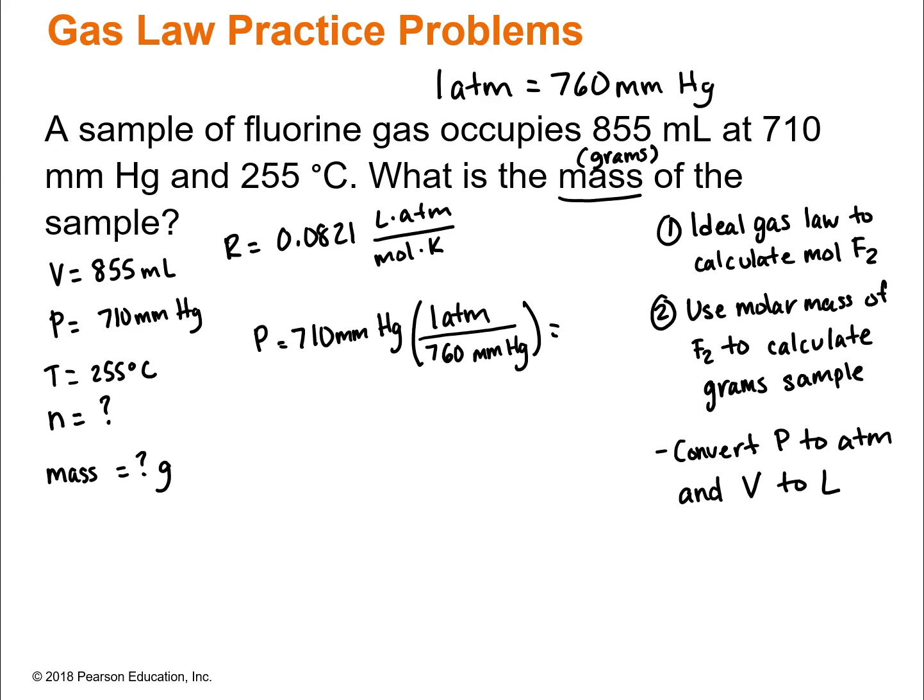So when you do that out, you should get almost 1 atmosphere. We're not rounding here yet. We're not at our final answer. For our volume, we've got 855 milliliters.